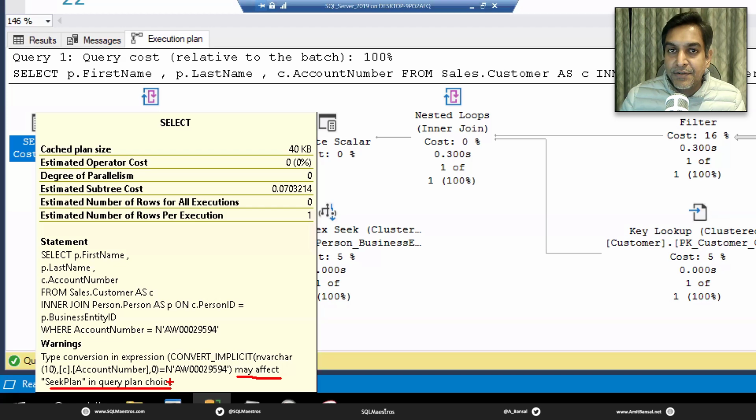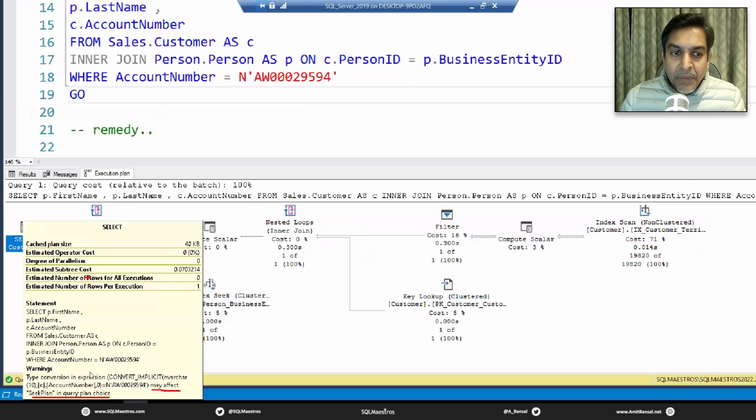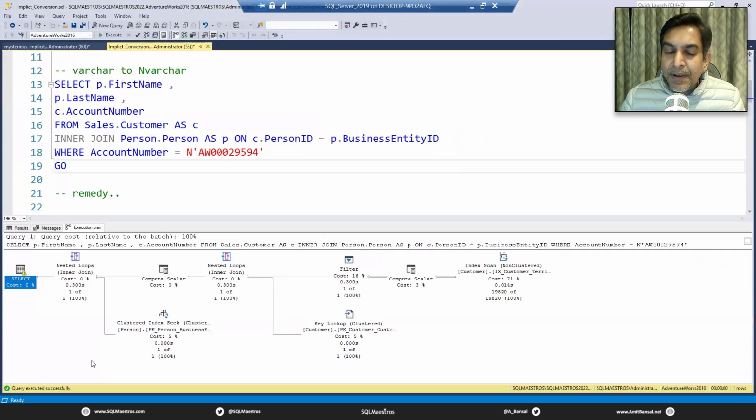Now, let me simplify this to you. In simple words, this means that the execution plan has changed due to this implicit conversion. That's what this means, because this is what SQL Server is trying to tell you, that if it did not have to do the implicit conversion, probably you would have got a different execution plan or maybe a cheaper execution plan.